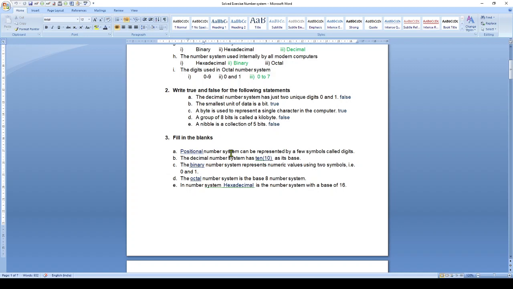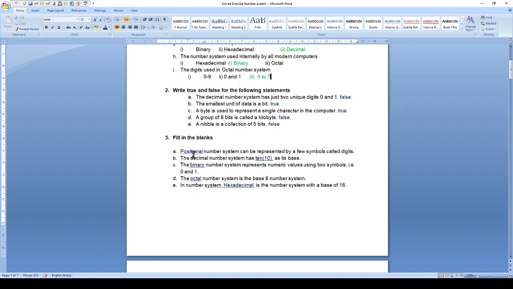The early men used the non-positional number system where they used only pebbles and sticks to count the numbers, to count the value of the representation made by sticks and pebbles.